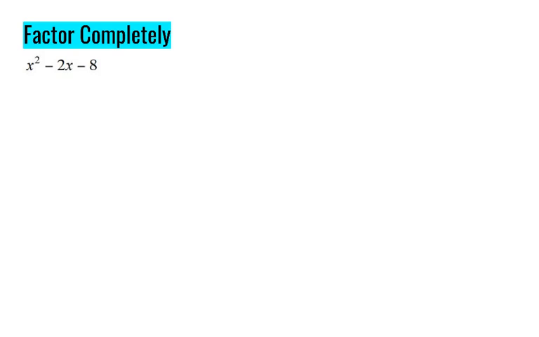So we'll get these problems, and it'll tell us to factor completely. And what does that actually mean? Well, if we think of the word factor, and we go back to our whole number mathematics, if you think of the number 6 and we wanted to find the factors of 6, factors are the numbers that we multiply by to get the original number.